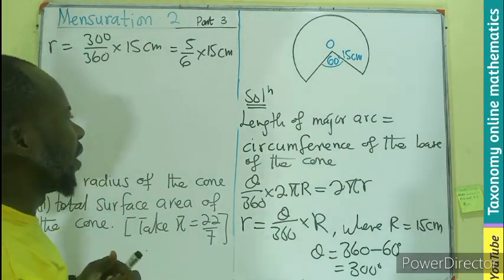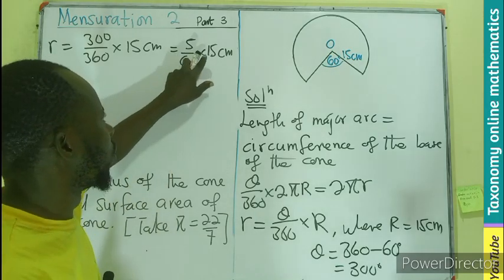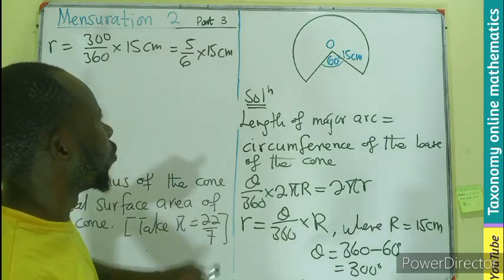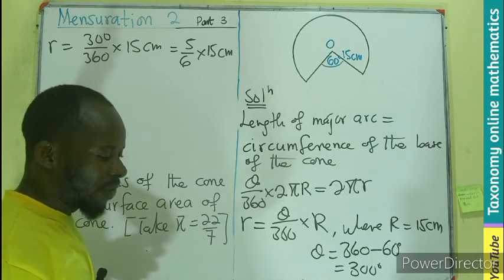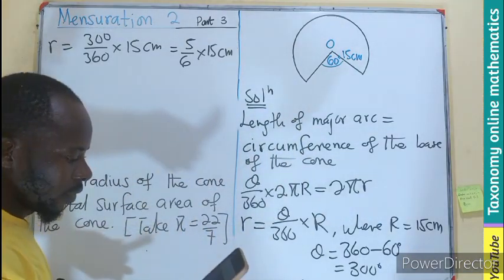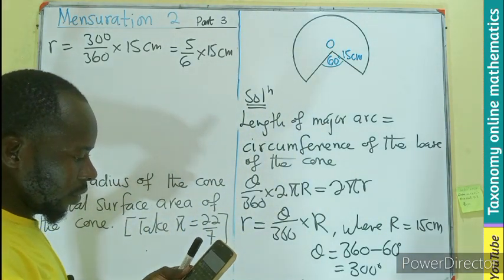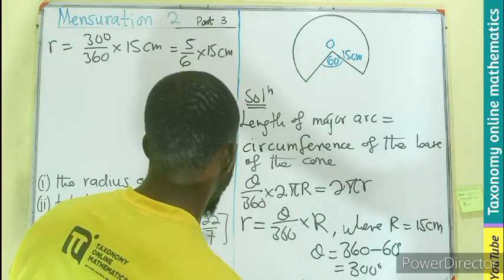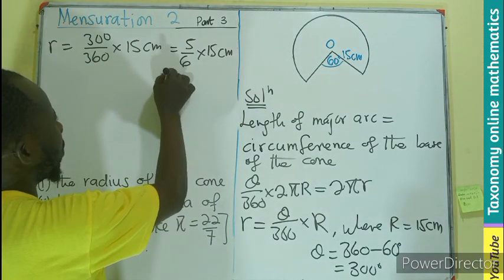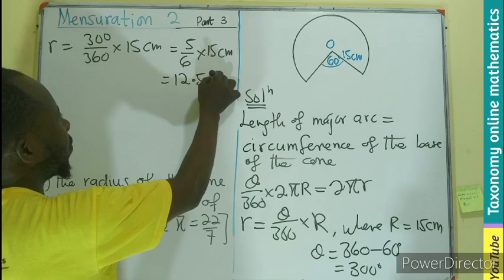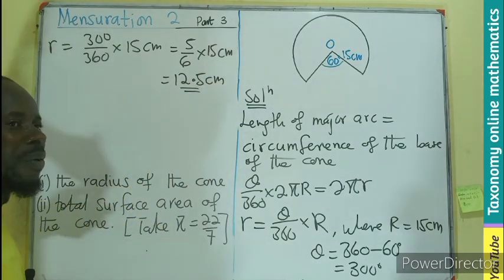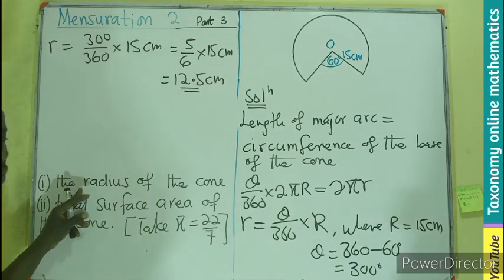I believe 3 can do the work. 3 goes here, 2; 3 goes here, 5. So 2.5 times 5, and that will give us 12.5 centimeters as the radius of the cone.